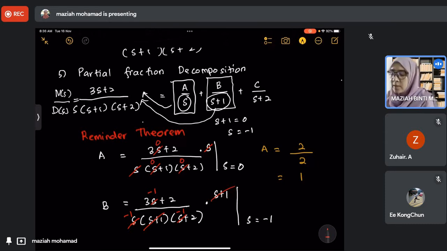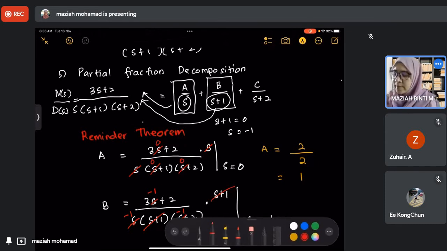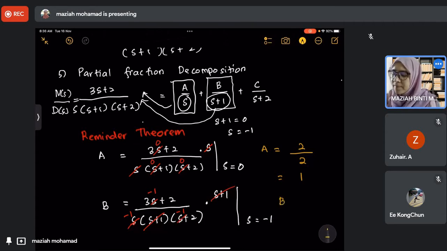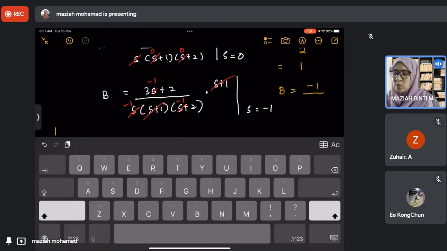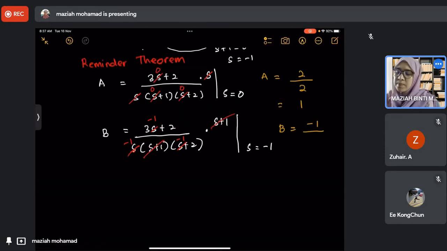Therefore, we will have B equal to 3 multiplied with minus 1, minus 3, plus 2, it is minus 1, divided by minus 1 multiplied with minus 1 plus 2, which is positive 1, multiplied with minus 1 is minus 1. So B is 1.